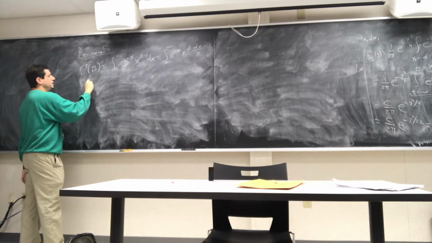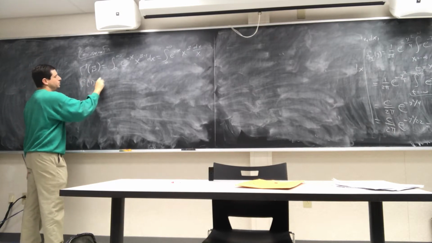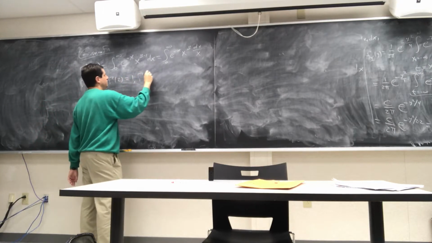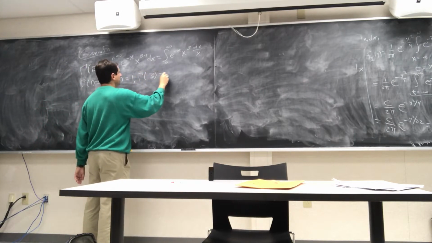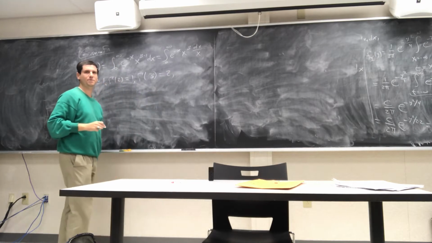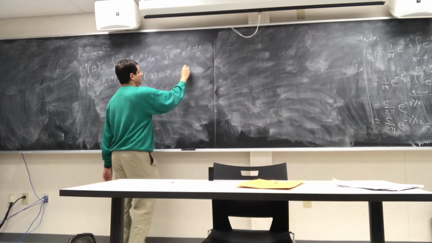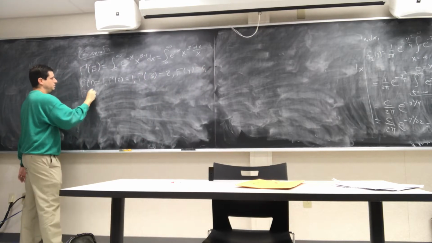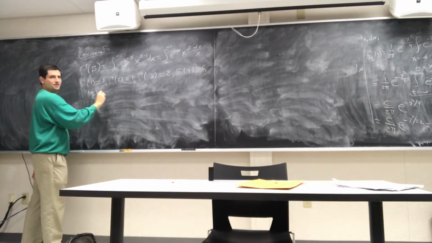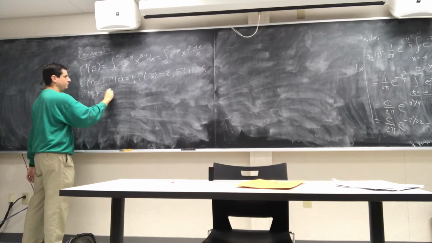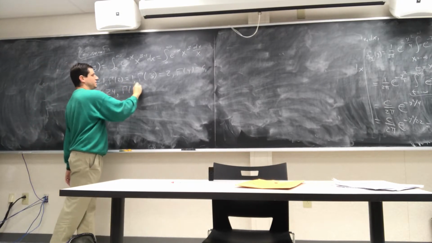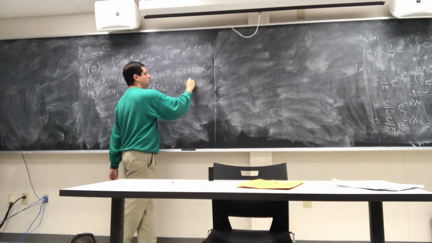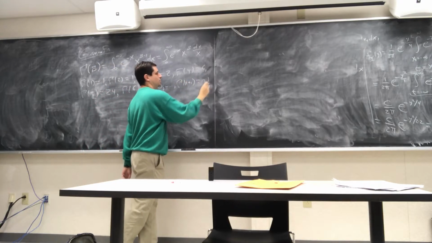So you can get gamma of 1 is 1, gamma of 2 is 1, gamma of 3 is 2. It looks like it might be the Fibonacci numbers, but then you see gamma of 4 is 6, gamma of 5 is 24, gamma of 6 is 120, gamma of n plus 1 is n factorial.